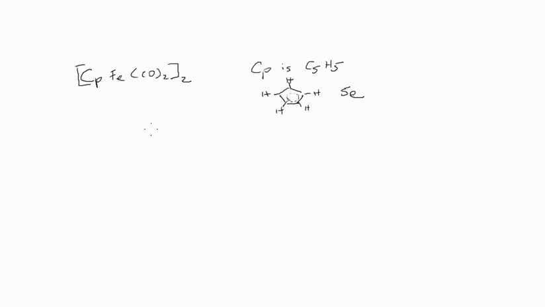This dimer will have the structure of Cp iron 1 carbonyl, and then we've got 2 carbonyls that are actually bridging between the iron, and then the same image on the other side, and the whole thing is joined together with an iron-iron bond.